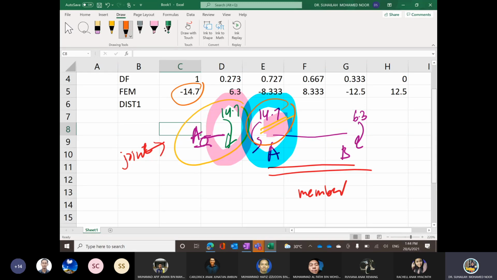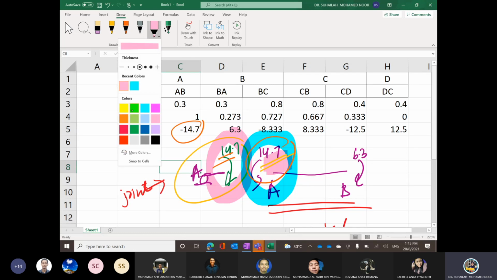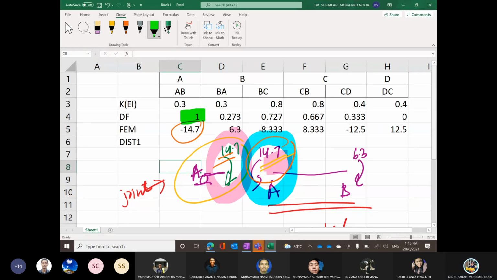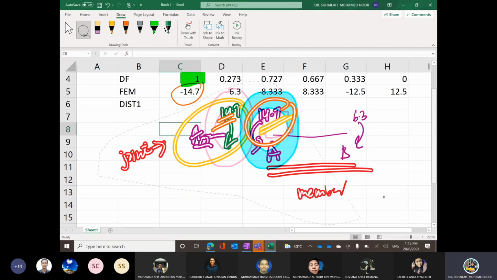But the moment that we distribute is the joint moment, and joint moment is always opposite with member end moment. So the value that we use to distribute is 14.7. For this 14.7, we need to calculate with the distribution factor, and in this case, the distribution factor is equal to 1. Okay, I bring this to the other side.